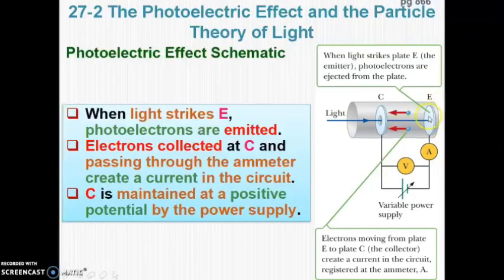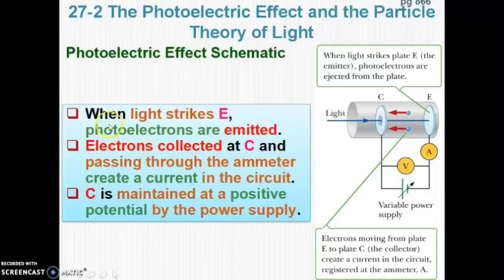E here is the emitter, connected with the negative terminal of a variable power supply. And C here is the collector, connected with the positive terminal of the variable power supply.